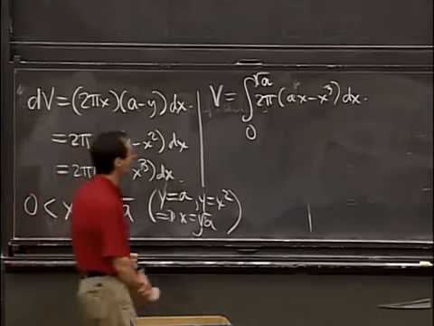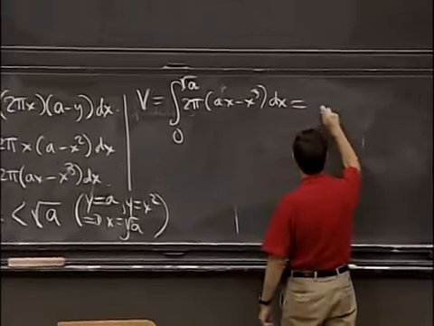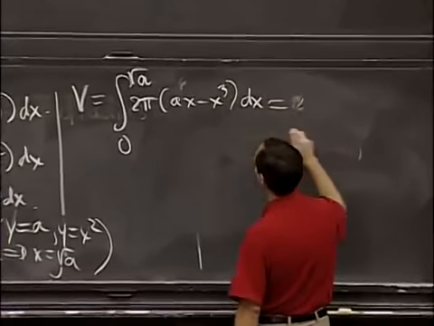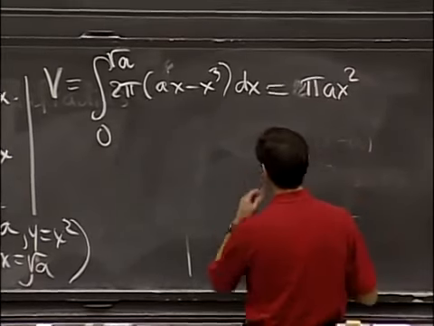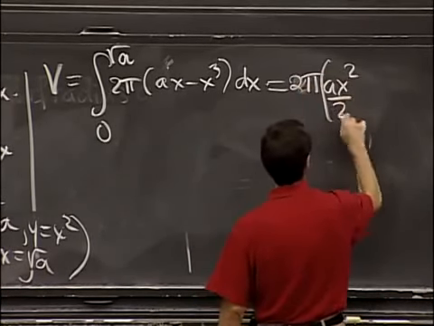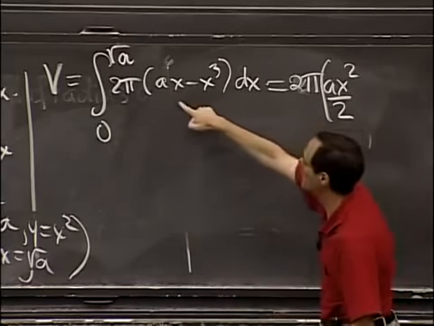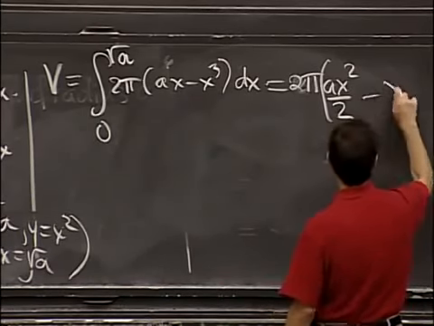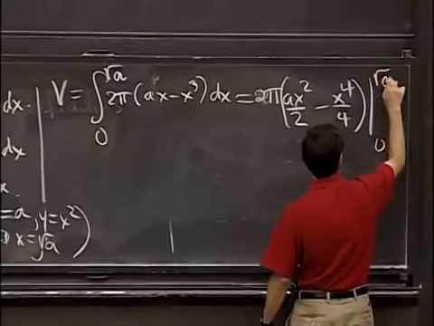And now we're ready to evaluate this integral. So we get 2 pi times ax squared over 2 as the antiderivative of the first term, and then x to the 4th over 4, evaluated at 0 and square root of a.